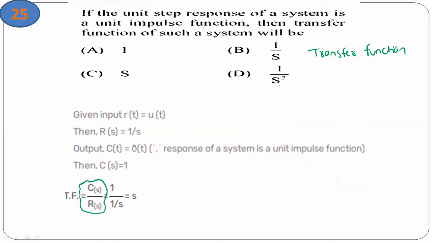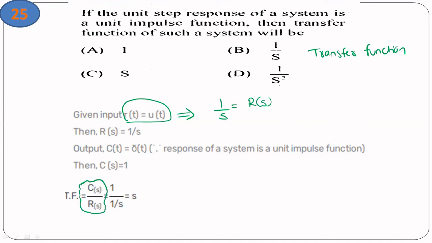What is given over here is unit step response for an impulse function. Okay, the input is r of t equal to u of t. Now if we convert this to Laplace, it will be equal to 1 by s.